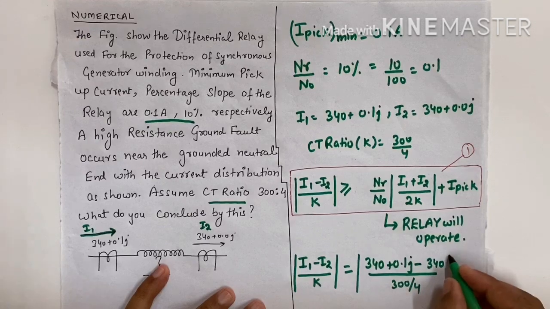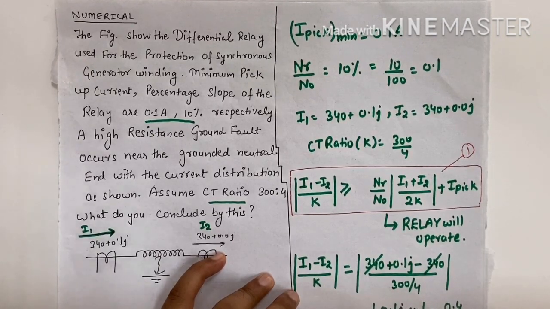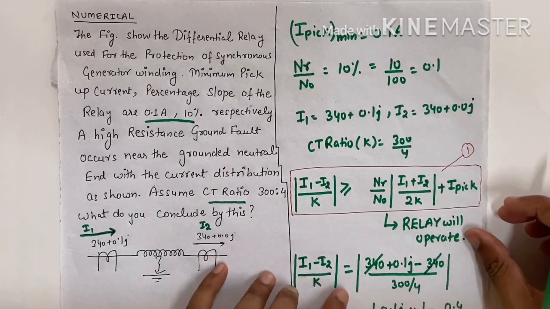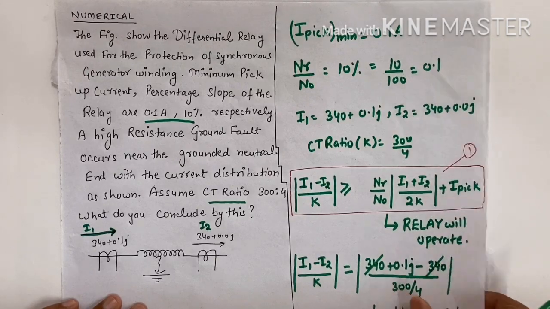Now 340 and minus 340 cancel out, it becomes 0.1j upon 300 by 4. If we calculate this value, we get 0.4 upon 300. So I1 minus I2 by K equals 0.4 upon 300.